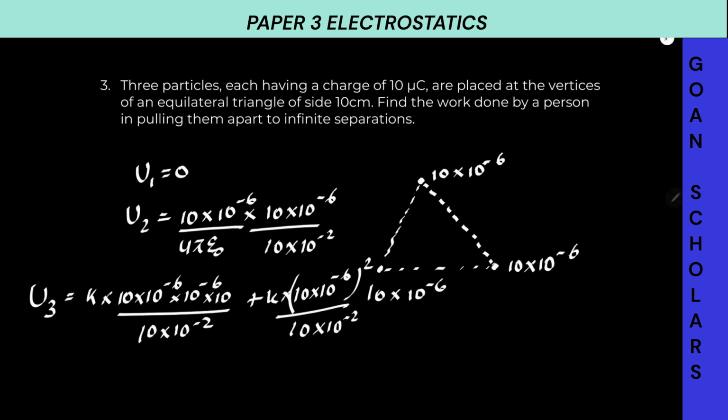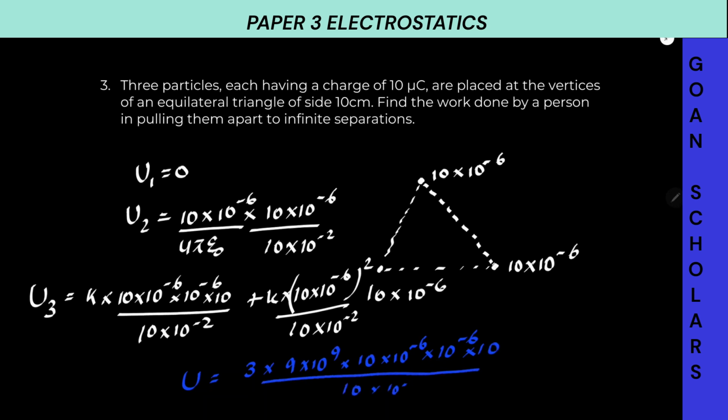So here we can write U will be equal to the sum U1 plus U2 plus U3, which is 3 into k into q1 q2 divided by r, that is 3 into 9 into 10 to the power 9, into 10 into 10 to the power minus 6 whole squared, divided by 10 into 10 to the power minus 2.